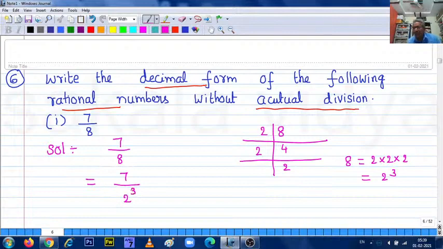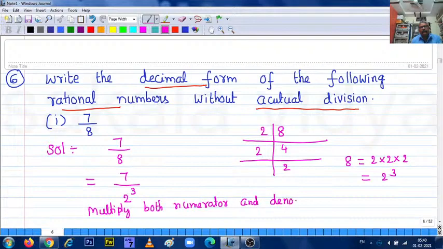So 7 upon 2 cube means, multiply both numerator and denominator with, whenever 2 cube is there, 5 cube.